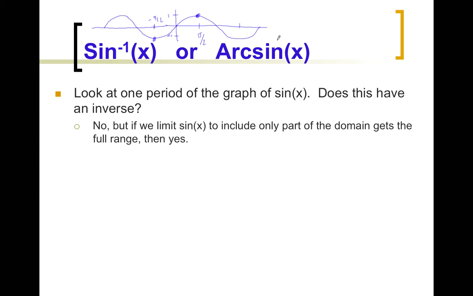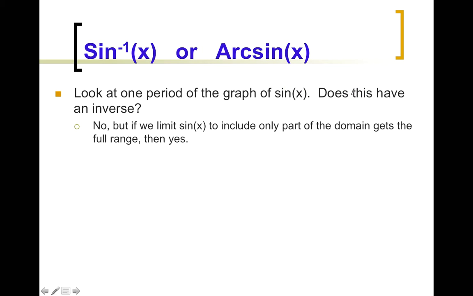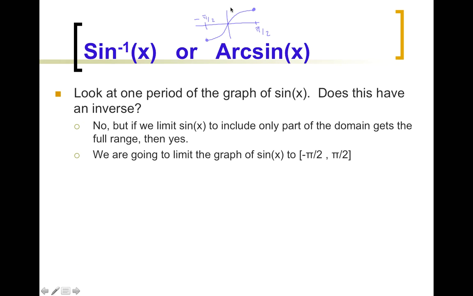So what we're going to look at is the sine function that goes from negative pi halves to positive pi halves and does this. This contains the entire range of sine, and this function now has an inverse because it passes the horizontal line test.